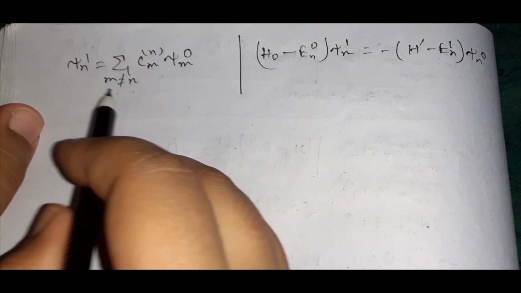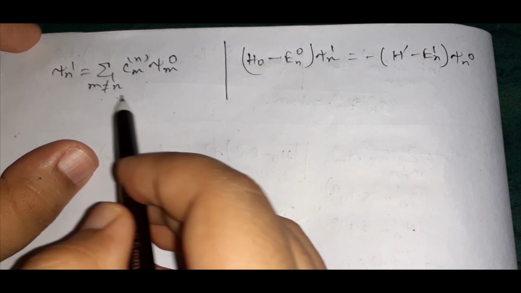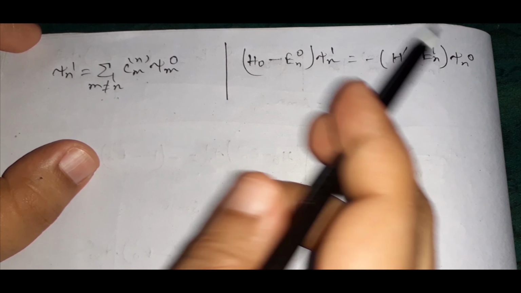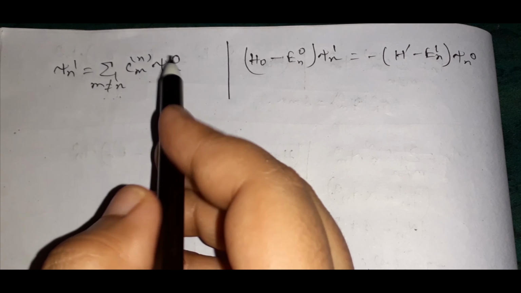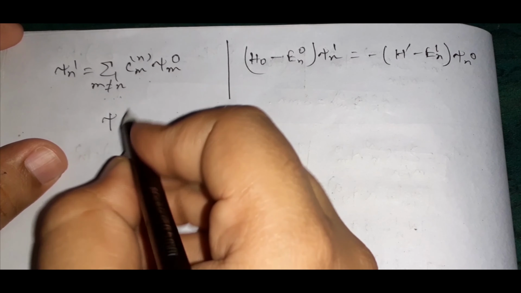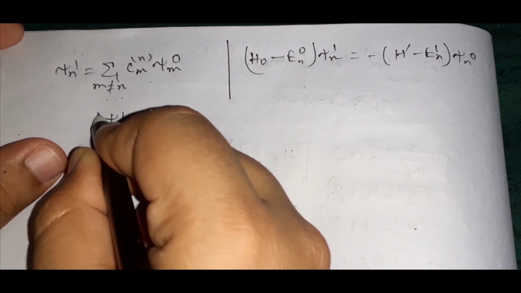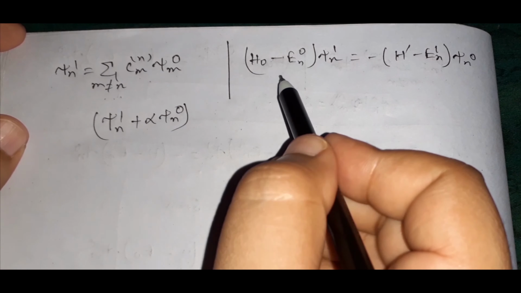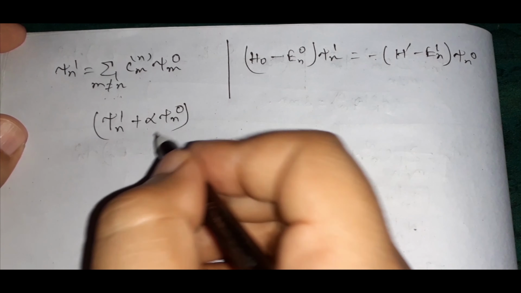Here I write m not equal to n. Why do I do that? This means that this complete set does not consist of this particular wave function. I write it because I have the freedom to write this. Why? Because ψn1 plus alpha ψn0, if ψn1 satisfies this equation, then this also satisfies this equation.